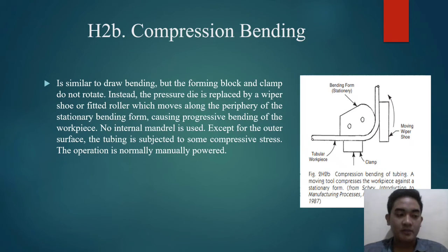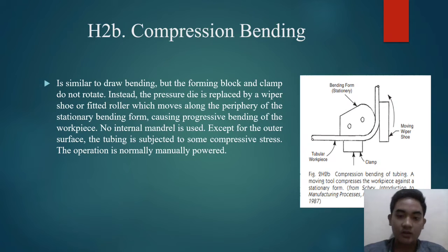Compression bending is similar to draw bending, but the forming block and clamp do not rotate. Instead, the pressure die is replaced by a wiper shoe or fitted roller which moves along the periphery of the stationary bending form.